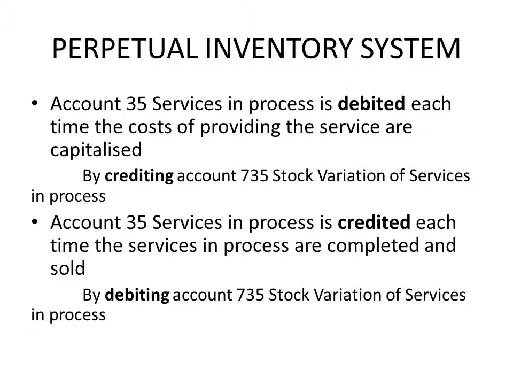At the same time, account 3.5 services in progress is credited each time the services are completed and sold or transferred to the buyer, and in this case it is credited by debiting account 7.3.5 stock variation of services. So this is the relevant double entry for the perpetual inventory system in account 3.5.